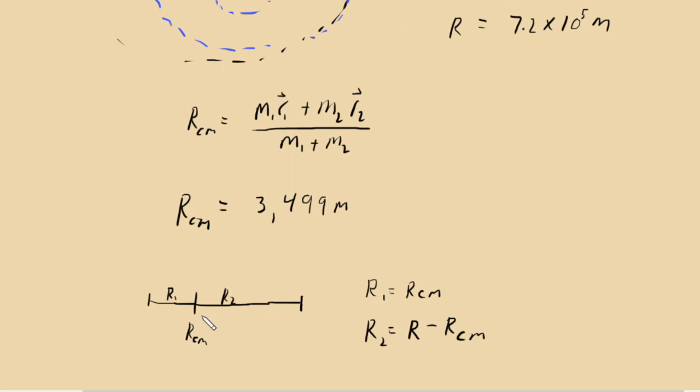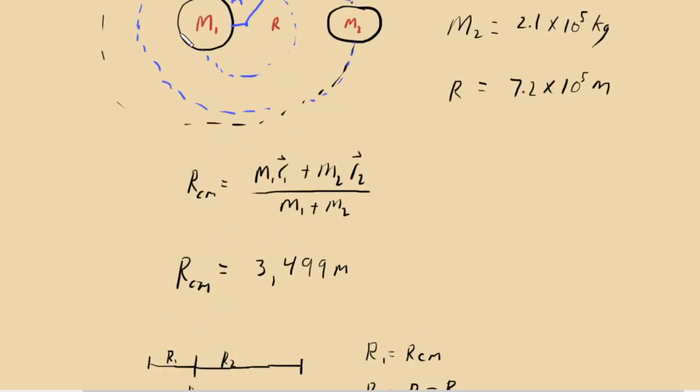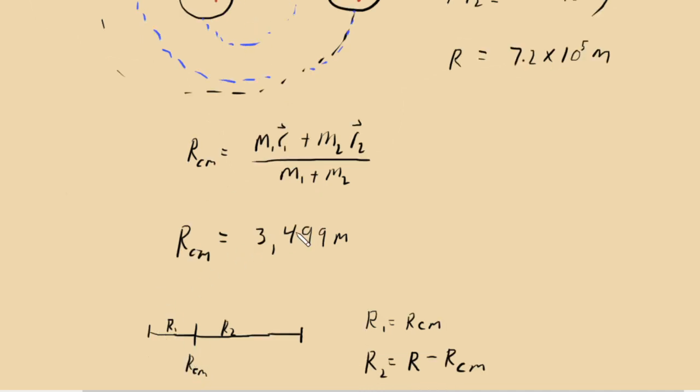So what that tells us is that our radius 1, how far mass 1 rotates around this center of mass up here, is going to be equal to this distance we came up with, because we went from the center of mass 1 to our center of mass, which is this calculation, how we had it defined. We could have defined it any way we wanted, but to me that was the easiest.